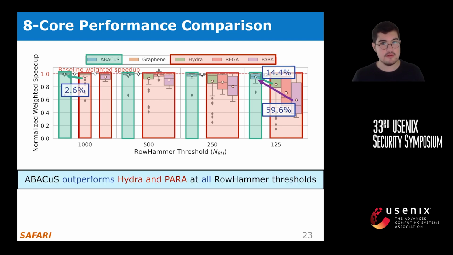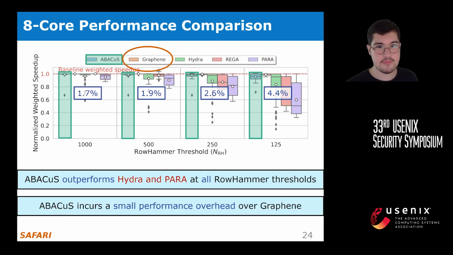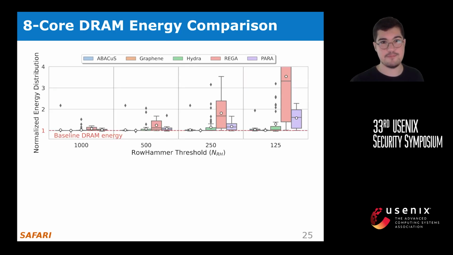We observe that ABACuS outperforms Hydra and Para at all RowHammer thresholds on average across all workloads. We also see that ABACuS incurs a small performance overhead over Graphene, which we attribute to ABACuS's unnecessary preventive refresh operations due to its low-cost aggressor row activation tracking scheme.